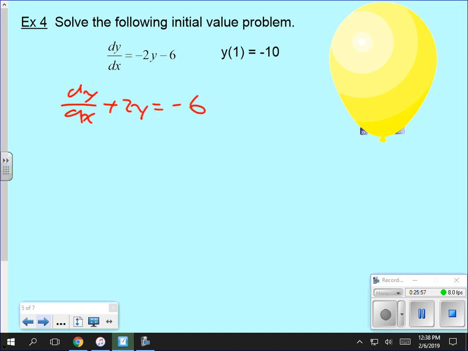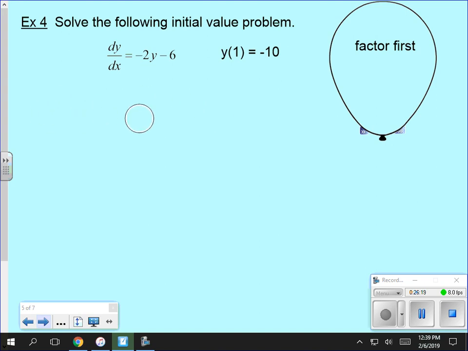I can't get y's with dy's, because when I multiply through by dx, I still have this times dx here, don't I? You want a hint? Factor it first. Factor your differential equation before you split the variables, before you split the y's to y's. Factor it first. This is a tricky one.